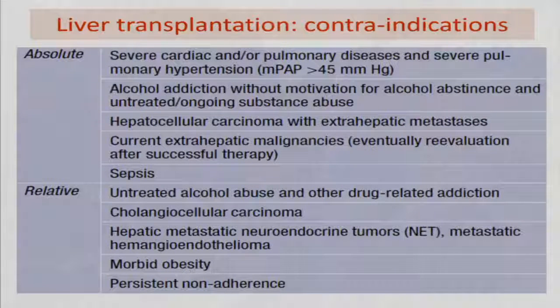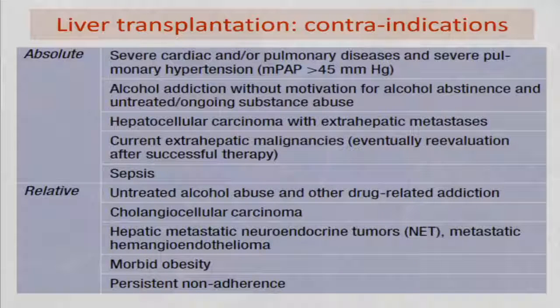But there are contraindications, as you know: severe cardiac or pulmonary disease, alcohol addiction without any motivation for abstinence, hepatocellular carcinoma with extrahepatic metastases, extrahepatic malignancies, sepsis, chronic infections, and so on.